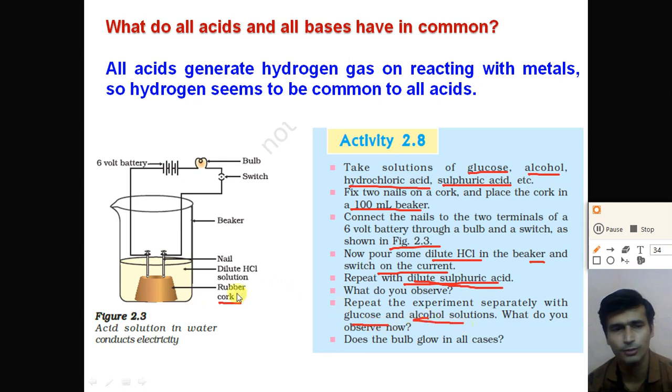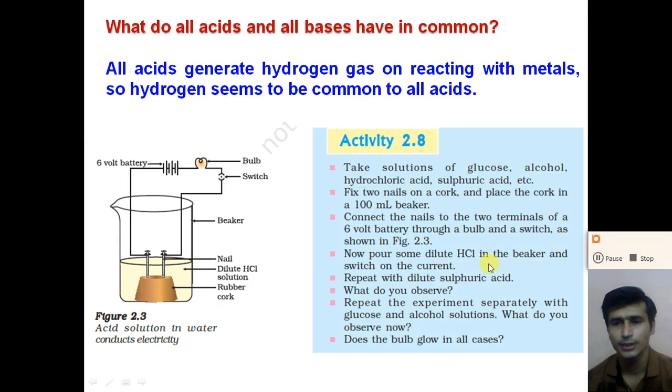Take a solution of glucose in the beaker, and then alcohol. What do you observe? Does the bulb glow in all cases? No, the bulb does not glow in all cases. When we fill a beaker with sulfuric acid as well as hydrochloric acid, the bulb glows, and in the case of glucose and alcohol, the bulb does not glow.